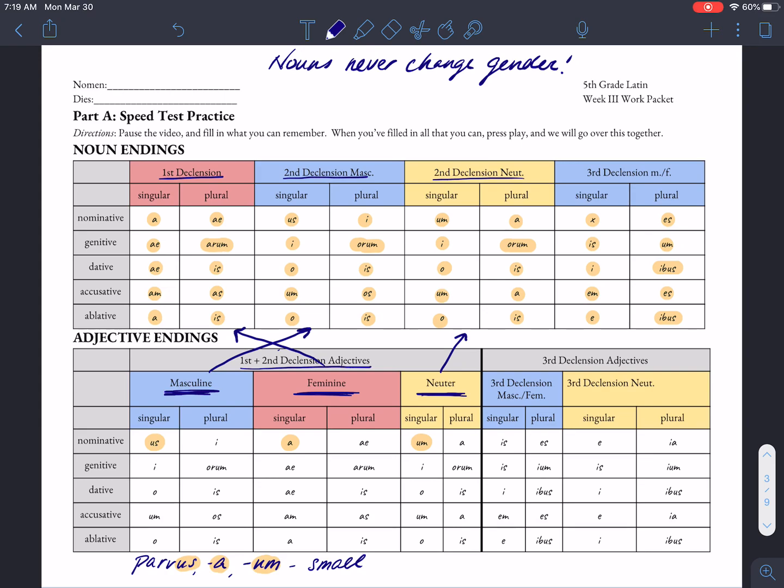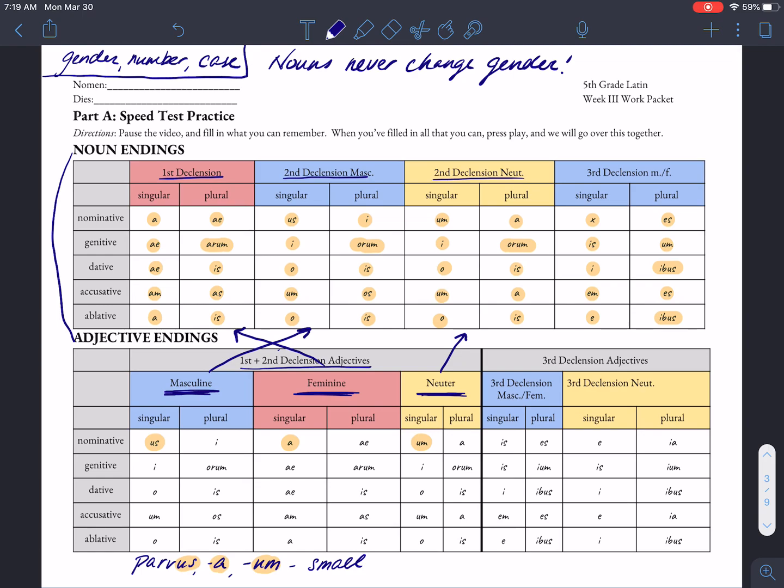So in order for nouns and adjectives to match and go together, they have to match in three ways. They have to match in gender, number, and case. If they match in gender, number, and case, we call that agreement. They're agreeing with each other.